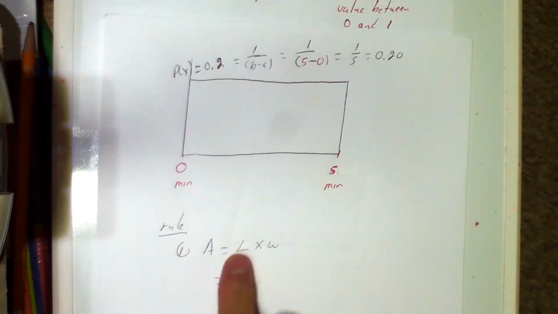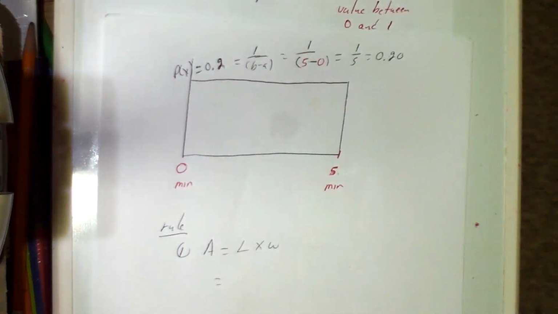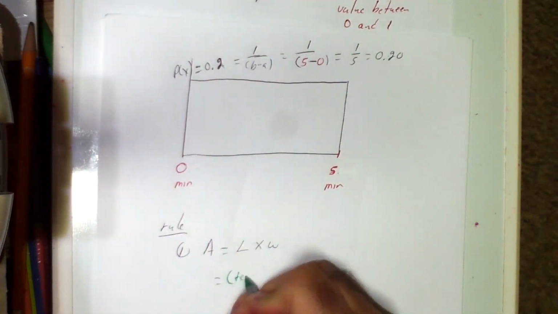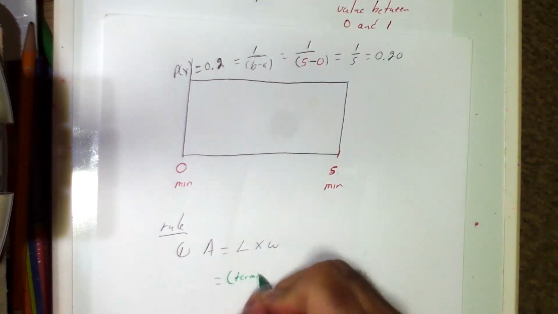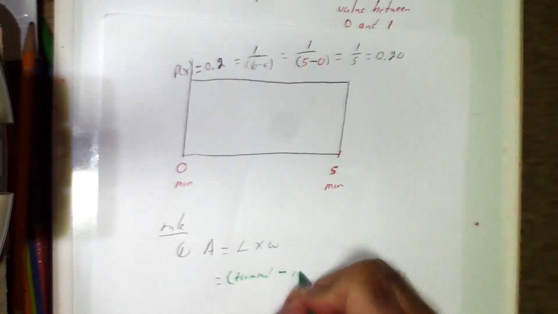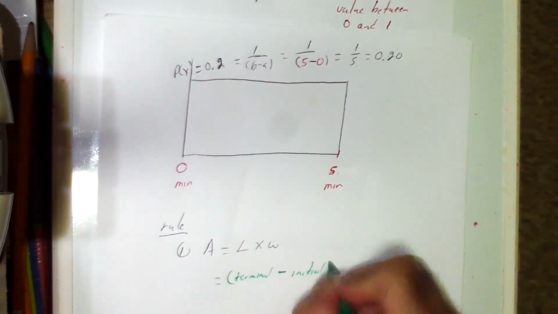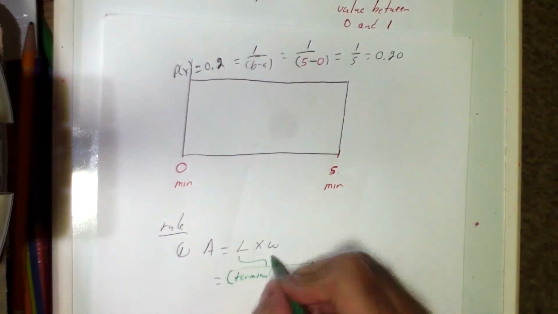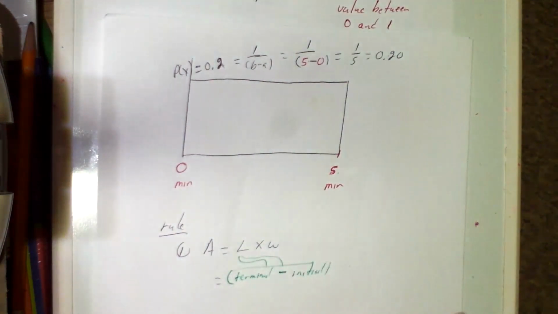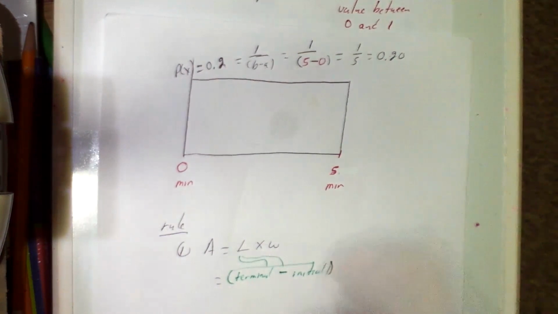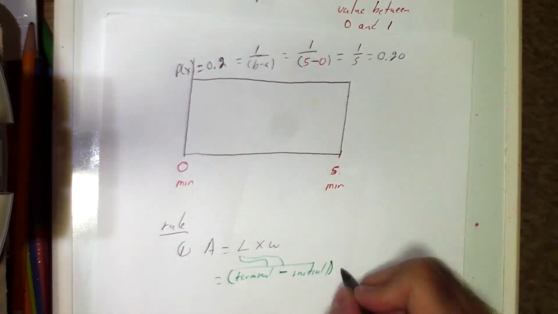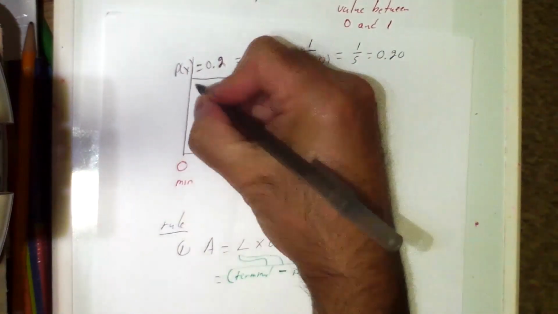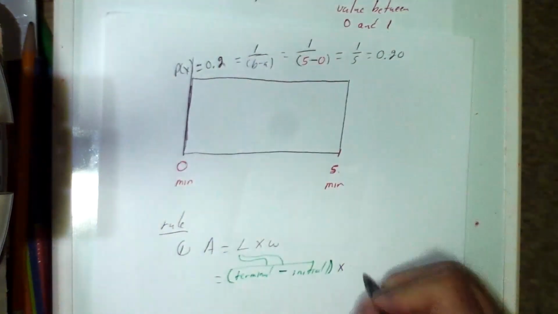To figure out the length, all you have to do is terminal minus initial. That's the formula for the length. This whole thing is the length times the width. My width is this part, which is my P of X.